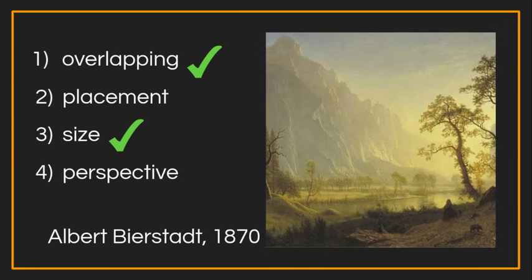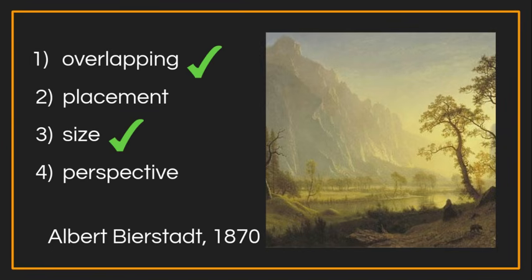They're closer to us, they're in front of the mountain. And then you also have the size of things. Notice how the size of trees significantly changes from the ones that are close to us. So think of the one that's on the far, far right. And then look at the ones that are across the river. Okay, look how small those are. And so it gives us the illusion that this is far, far away.